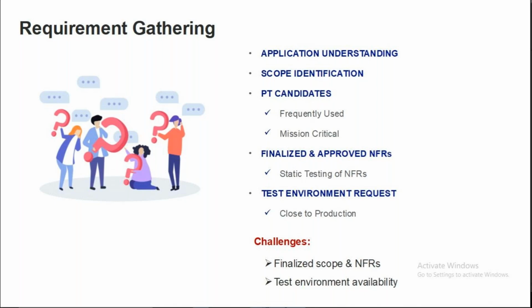Clear, all of you? So whenever you place a test environment request, you should ask for an environment having the specifications of the production environment for your performance test. Clear, all of you? So these are the different activities which you will do in the requirement gathering phase.